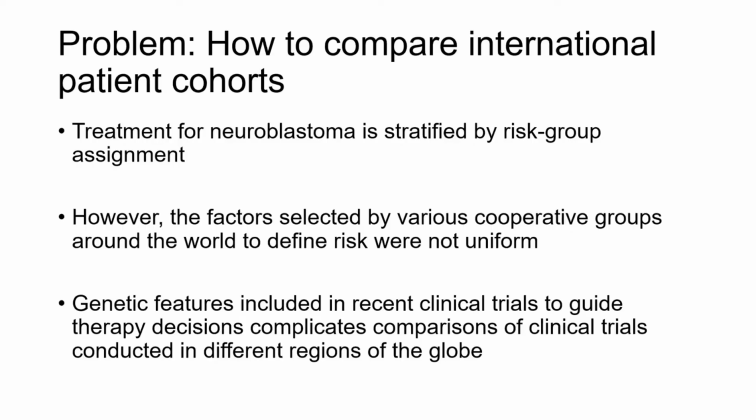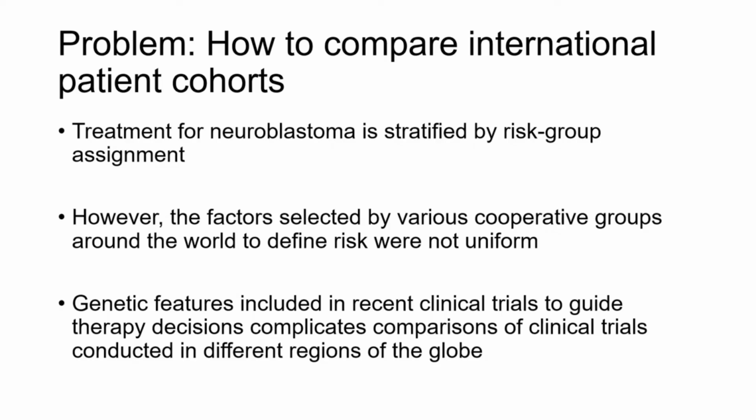It's a rare disease, and if we're really going to learn everything we possibly can, we want to collect as many patients and put them in the same system so that we can understand not just hundreds of patients or thousands of patients, but tens of thousands of patients, and really collect what has become the most robust and largest source of information on the widest range of patients with neuroblastoma.